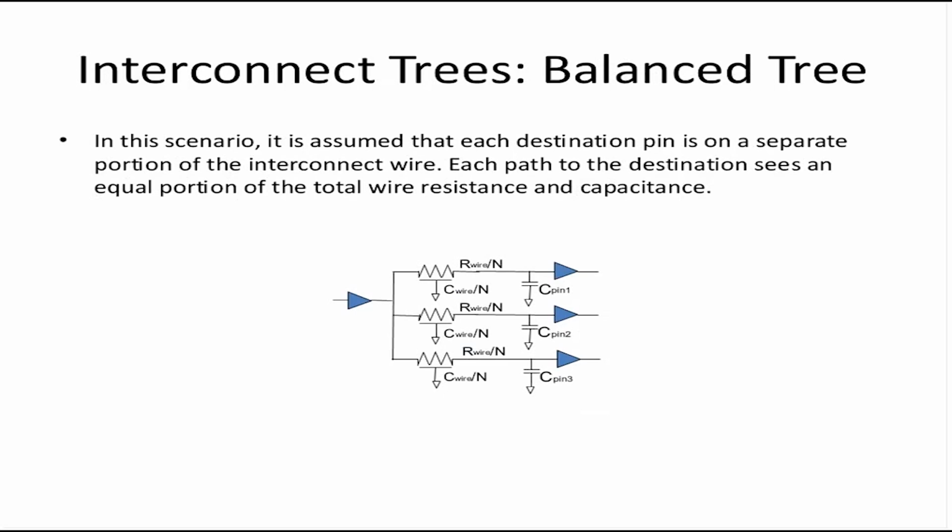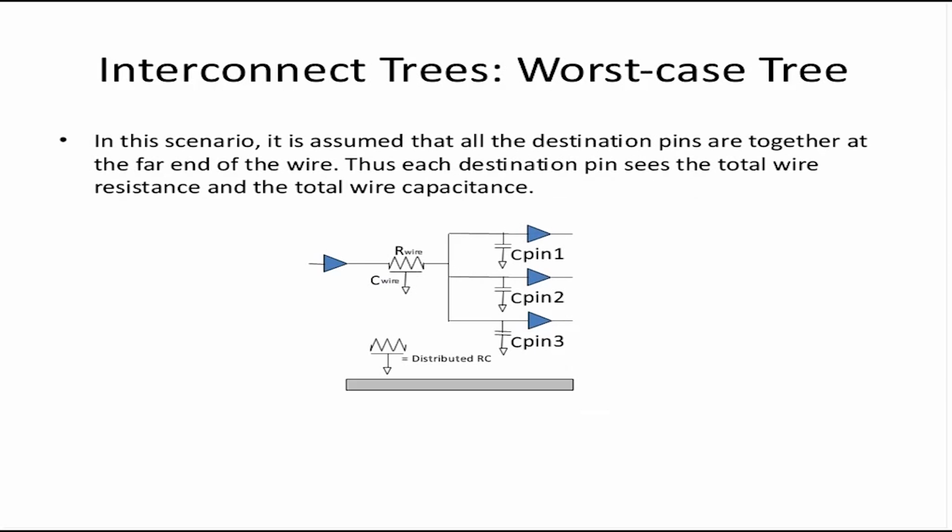The balance tree assumes that each receiver cell is at an equidistant point from the driver. The worst case tree assumes that all the receivers are sitting at the far end of the driver, and each of them will see the complete RNC. So obviously this is a worst case scenario. The typical scenario will lie somewhere between worst and best, which is the balance tree.